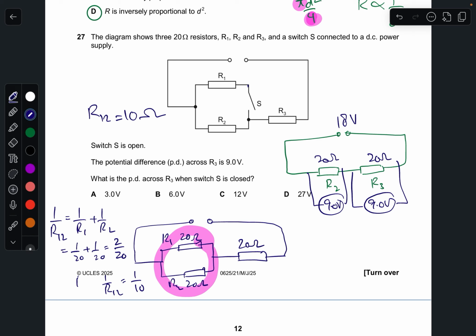So this circuit can be simplified so that there is a 10 ohm resistor and a 20 ohm resistor, with 18 V. If you see, this resistance is 2 times this one, so the one with the higher resistance will have more voltage.